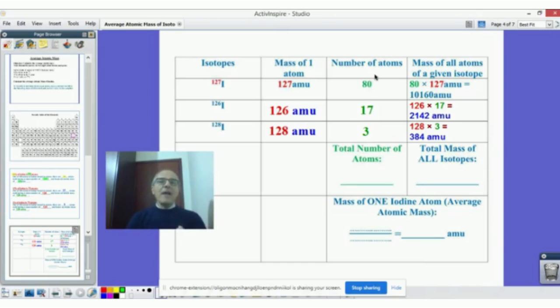Now, the number of atoms is 80, 17, and 3, so the total number is 100 atoms, and I want the total mass of these 100 atoms belonging to different isotopes.